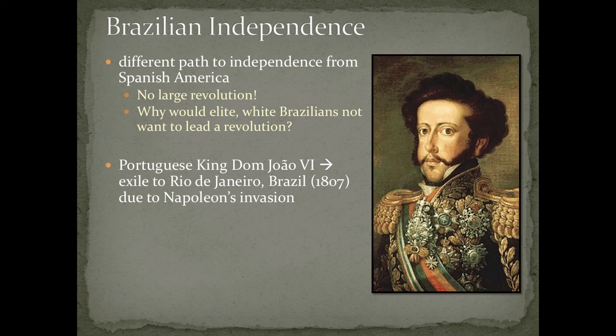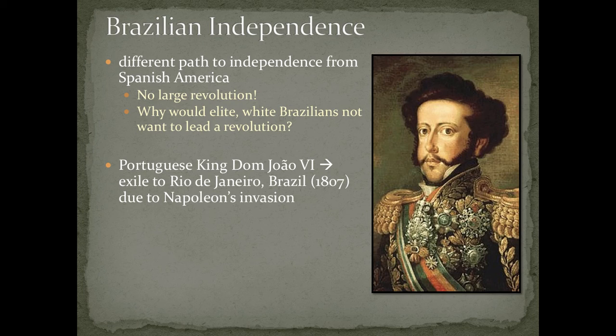So he comes to Brazil. Rio de Janeiro is elevated to the center of this Portuguese empire. By the time that Napoleon is declining in power, and being removed from power, Dom João will wind up returning back to Portugal. So suddenly Brazil is brought back to the reality of what they were before the Napoleonic Wars, a colony to the metropole of Portugal.